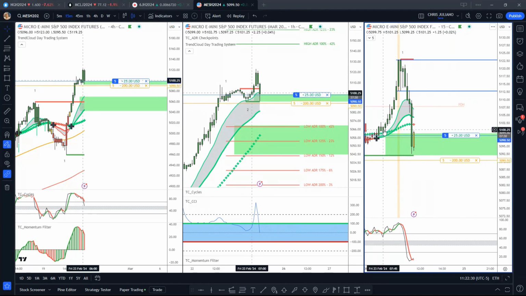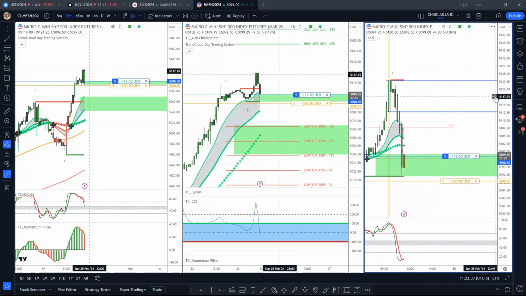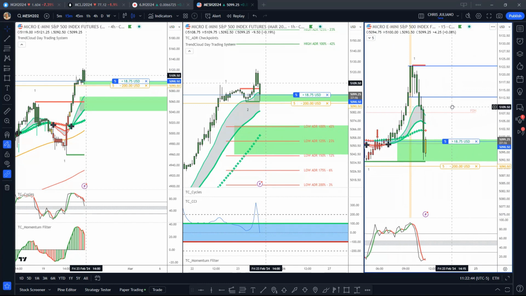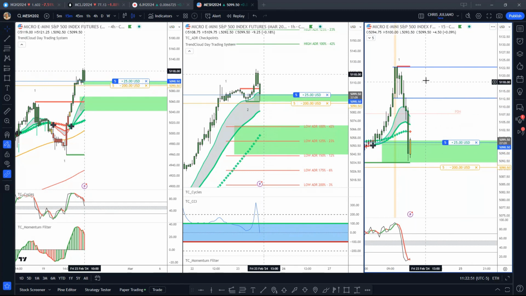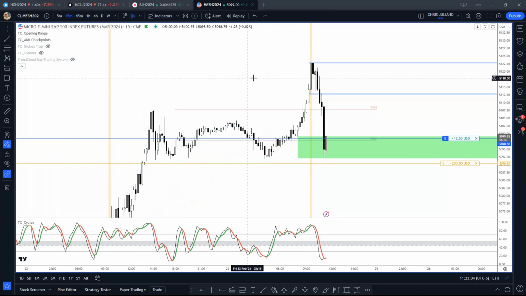So we've got 5 contracts. We can scale out of this position. One of the things we can do is wait for the retest of the opening range, because we're retesting back into this. What is that formation that we're looking at here? Rally, base, base, base, drop. Rally, base, drop throughout this whole thing.